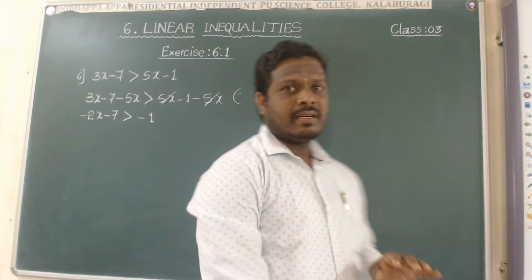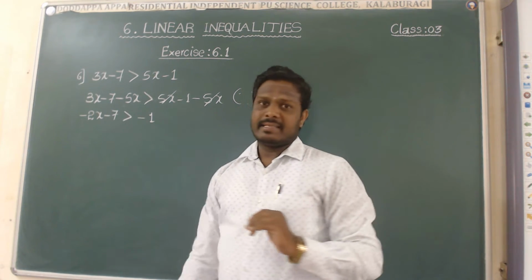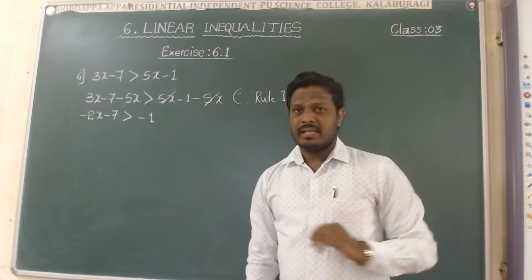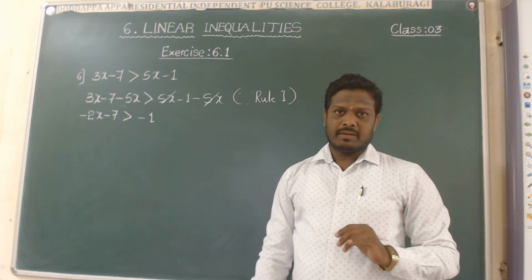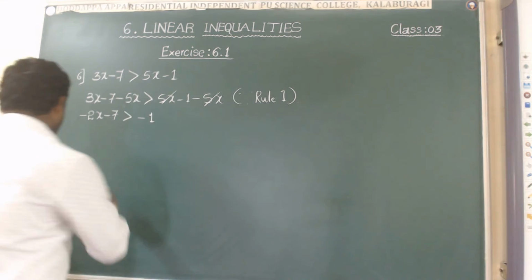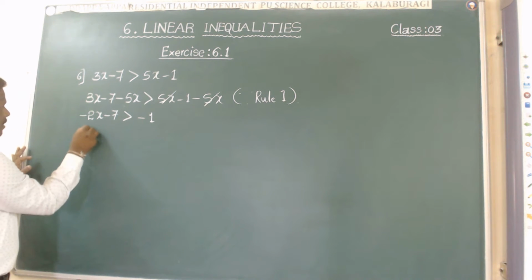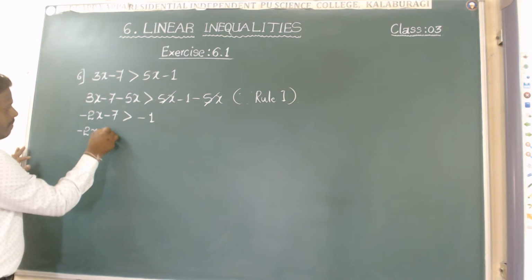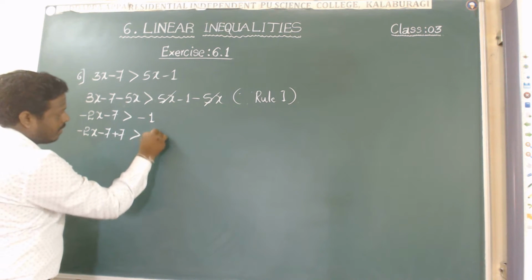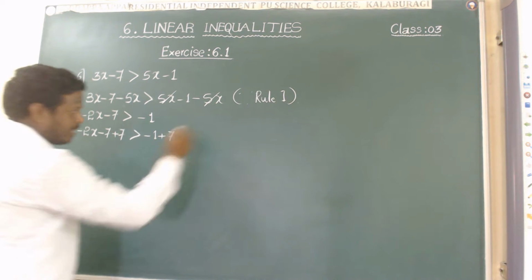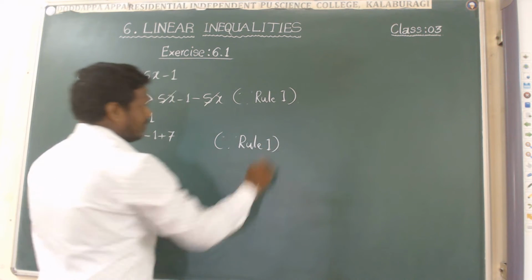The next step is, I am going to remove the minus 7 from the LHS side. Again I am adding 7 to both sides, then this minus 7 will be removed from the LHS side. So I add plus 7 on both sides of the inequality: minus 2x minus 7 plus 7 is more than minus 1 plus 7, again by using the first rule.